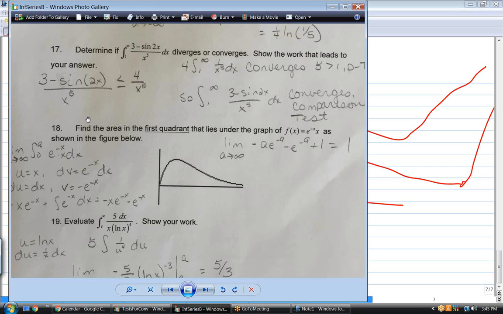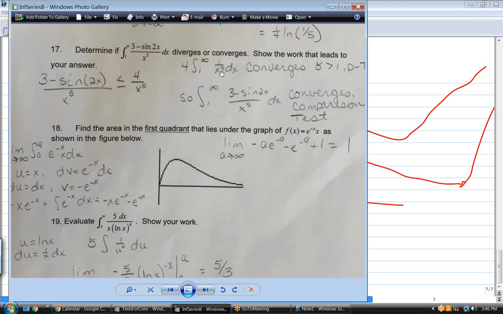Okay? So this function on the left, by definition, about what we know about sine, has to be less than this function. This function is a straight p-series. I can factor the 4 out of the integral, and I'm left with 1 over x to the 5th, which is a p-series.